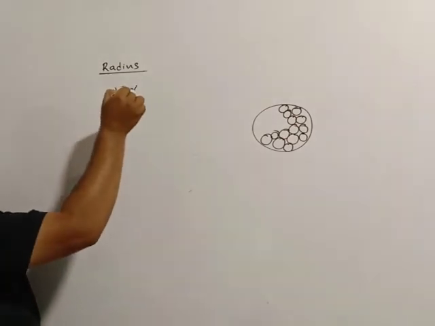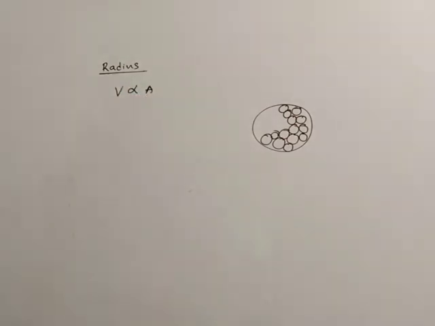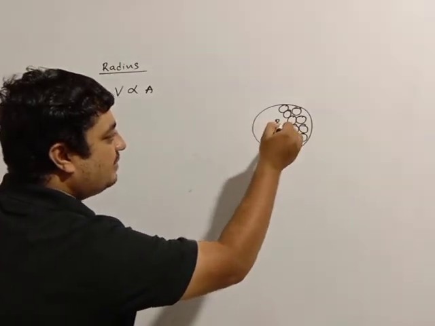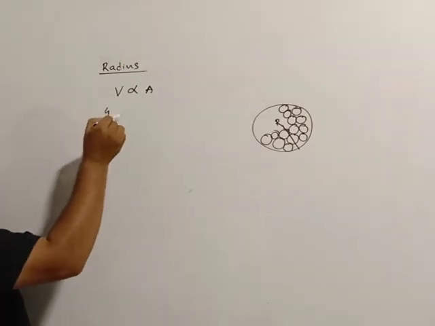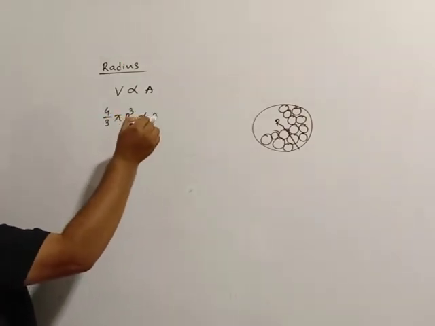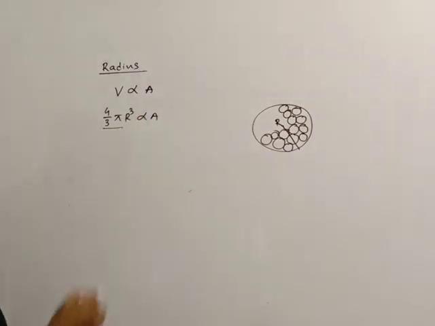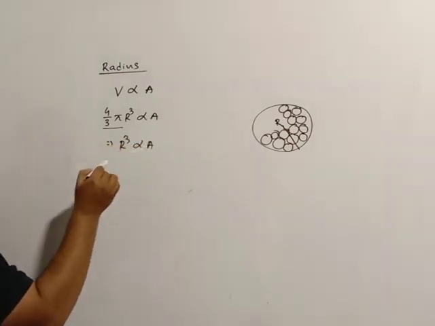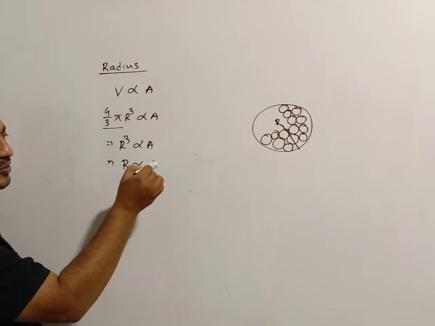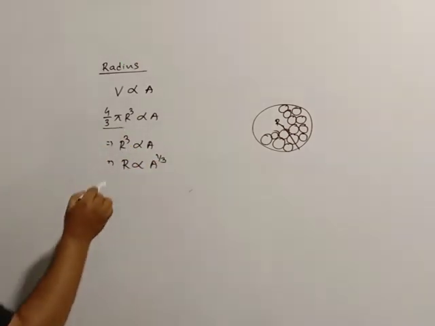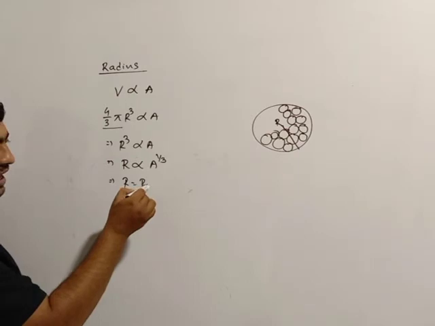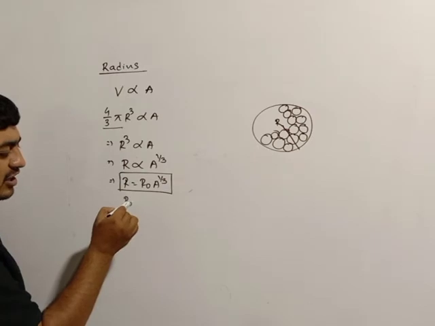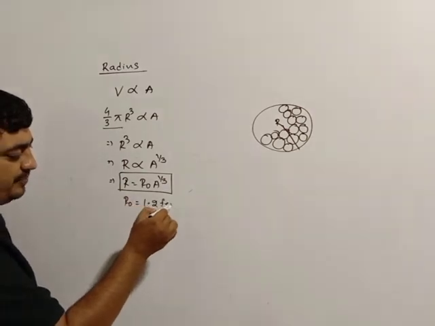So we can say V is directly proportional to A. Let the radius of the nucleus be R. So 4 by 3 pi R cube is directly proportional to A. Now 4 by 3 pi is a constant, so R cube is directly proportional to A, or R is proportional to the cube root of A. So R equals R naught A to the power 1 by 3, where R naught equals 1.2 Fermi.